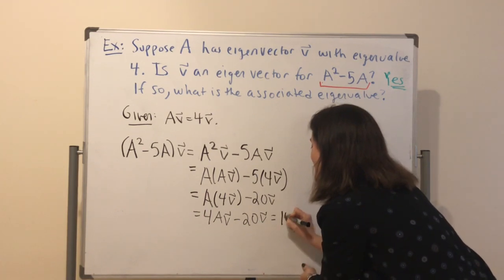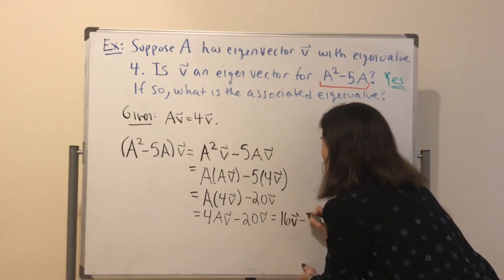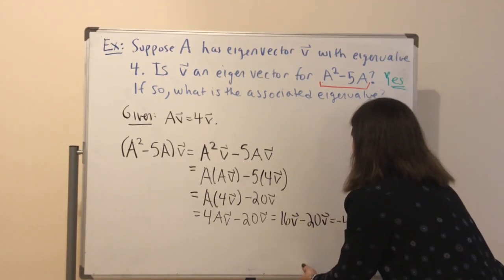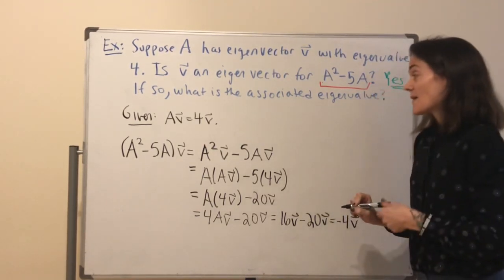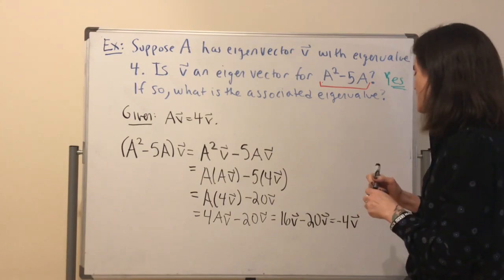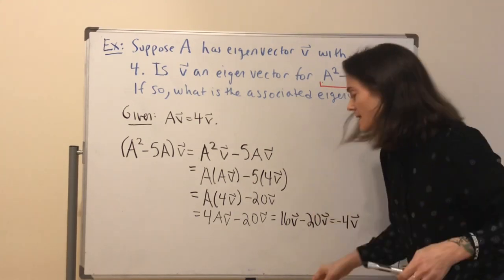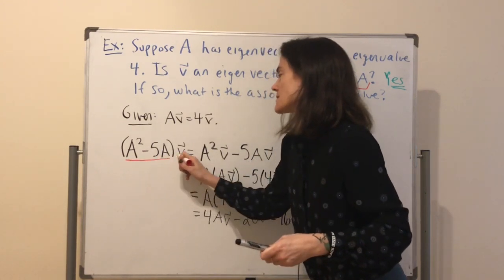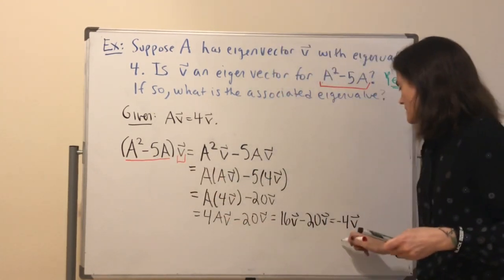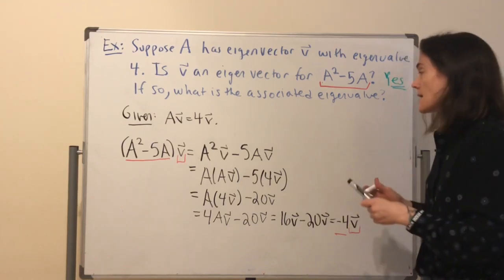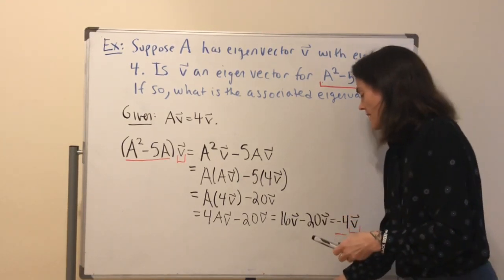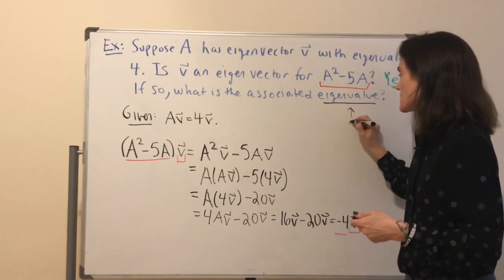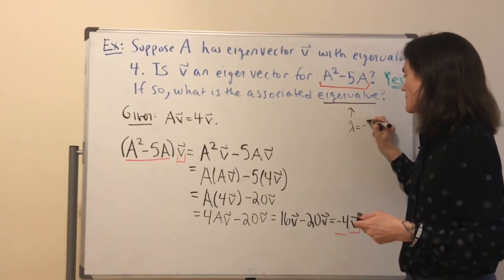So I have 16V minus 20V, which is negative 4V. Okay, well, we see the answer. It's yes, because I have this matrix times V is a multiple of V, and the associated eigenvalue, we see it, its lambda is minus 4.